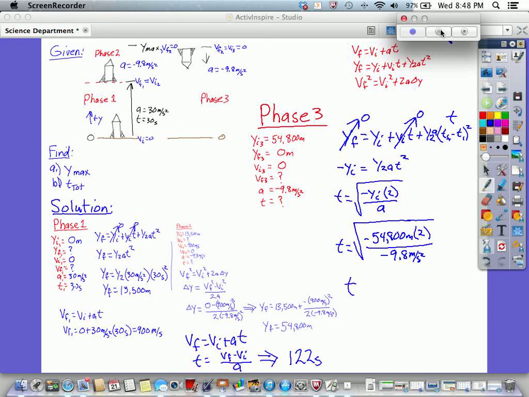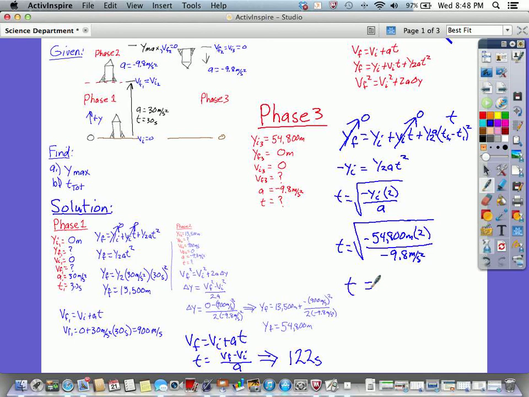Now I need to go back for just a second because I failed to do something. This actually, if we plug it in, is about 91.8 or 92 seconds. If you do this equation, it ends up being 900 meters per second divided by 9.8.